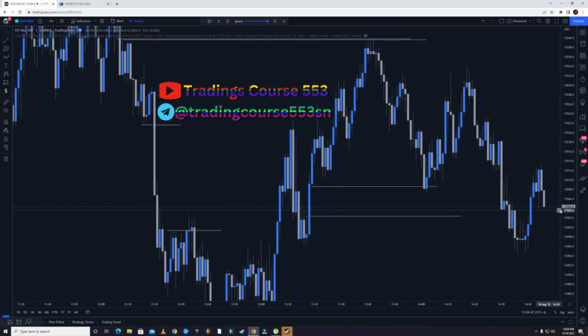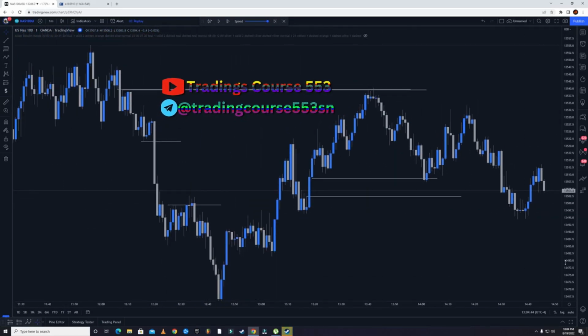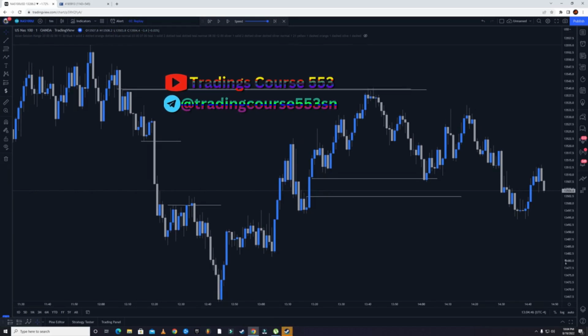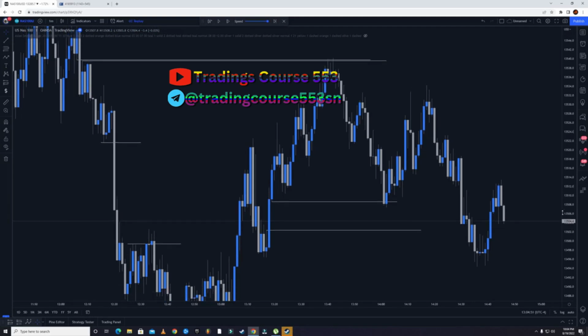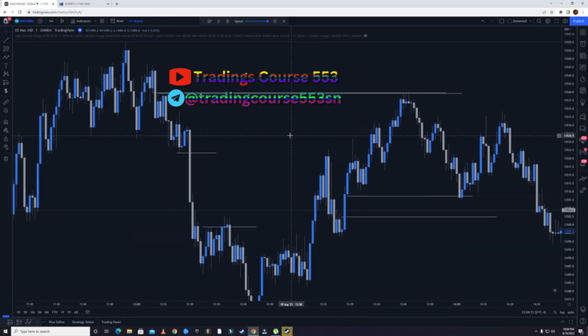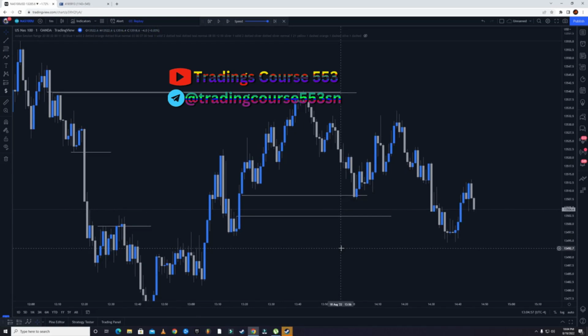Now we should not use the fair value gap or imbalance, whatever you want to call it, as an independent strategy. This is something that we're going to use with a lot of other confluences like liquidity, market structure break, market structure shift and all.